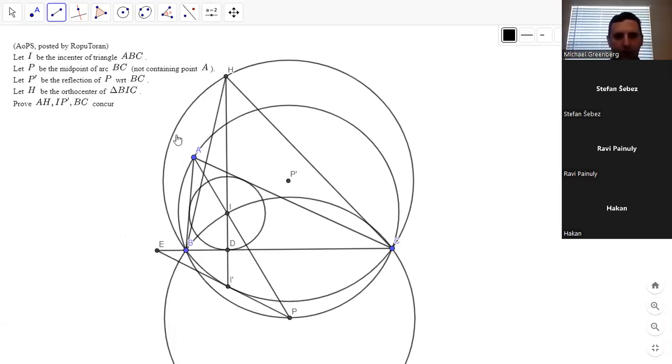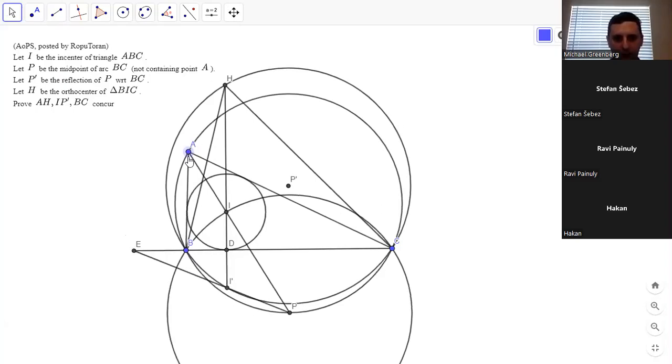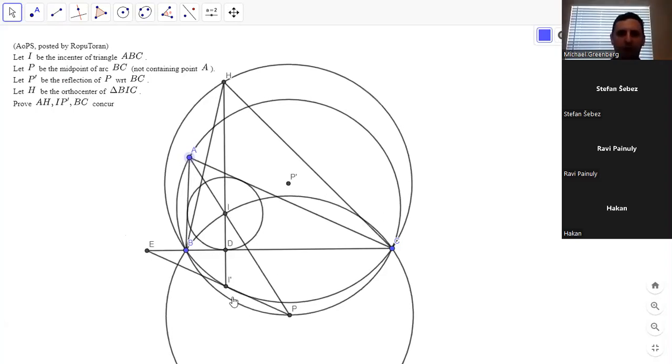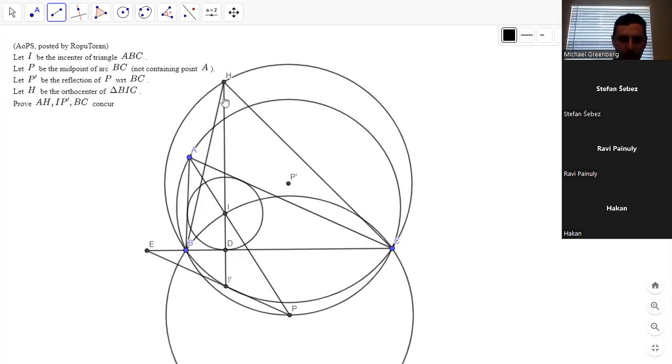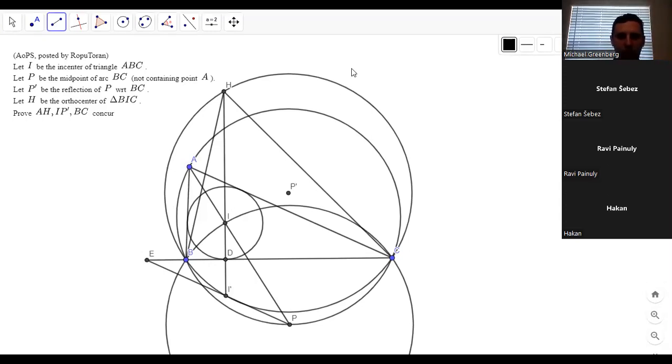And is PI tangent? No, PI is not necessarily tangent, or PI prime. Okay. Yeah, the midpoint of BC.